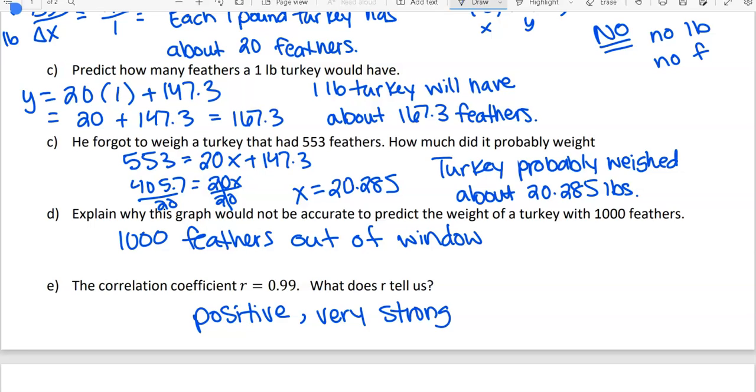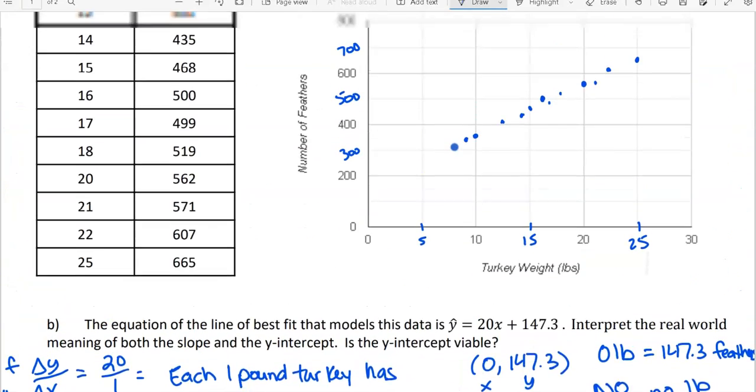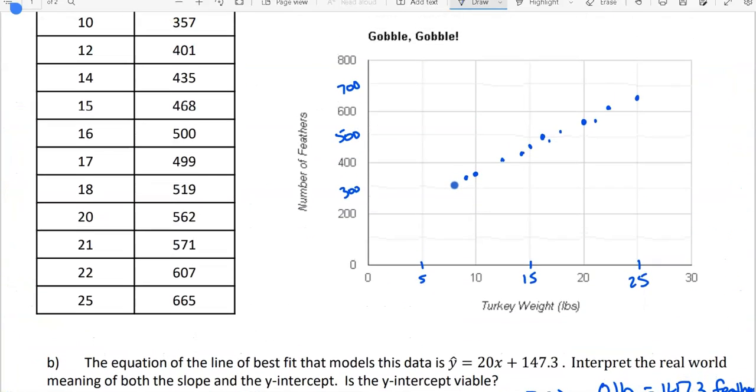When it comes to correlation, the closer to 1, the better. If you look at the dots that we put on here, that was almost a perfect line. The closer this is to a perfect line, the closer it's going to be to the number 1. And with it being positive, it just means that our line is increasing. We have a positive slope, so we are increasing in value.